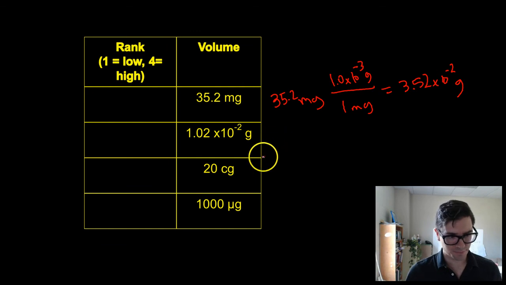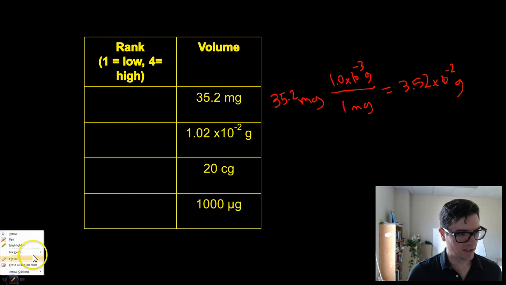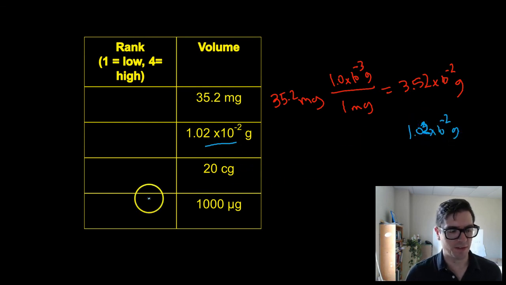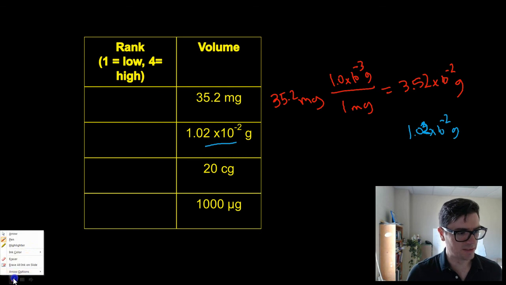Okay, keep going. This one is direct here. This one's straight up just 1.02 times 10 to the minus 2 grams. Sorry, that should be 0.02. The next one here is in centigrams, and so you convert this one.